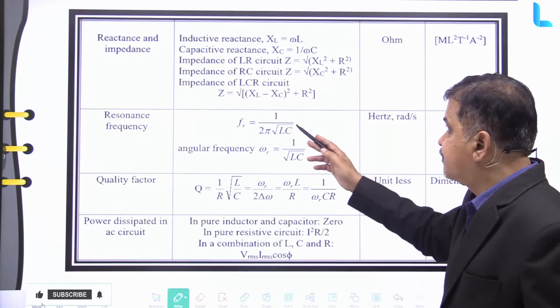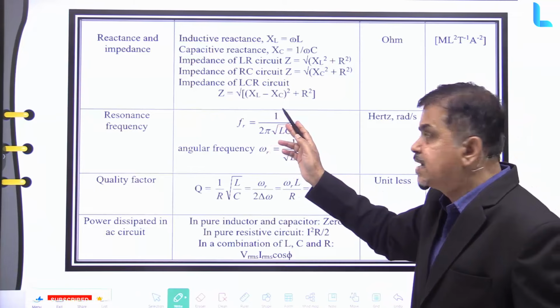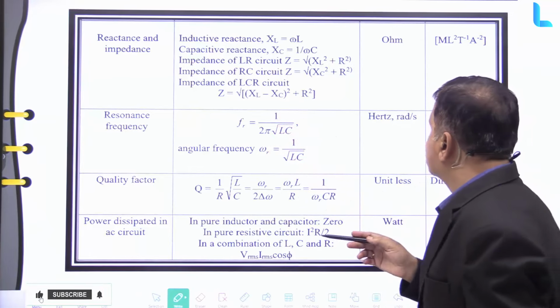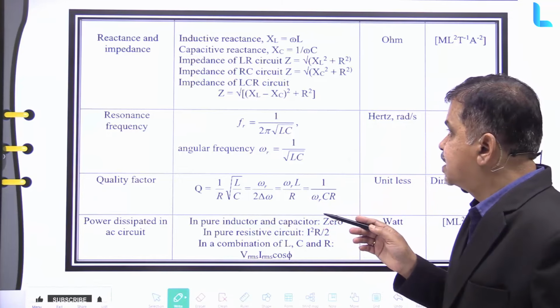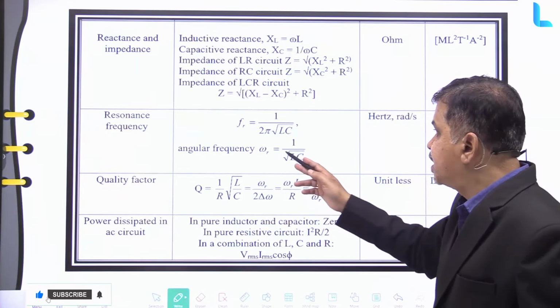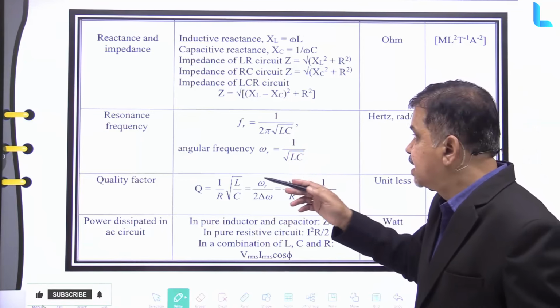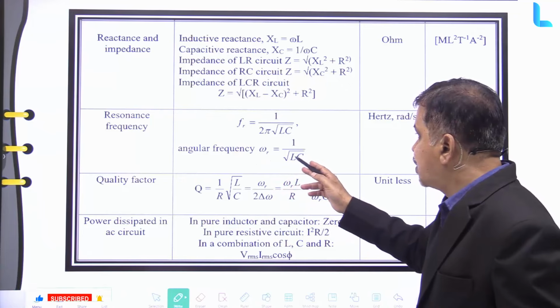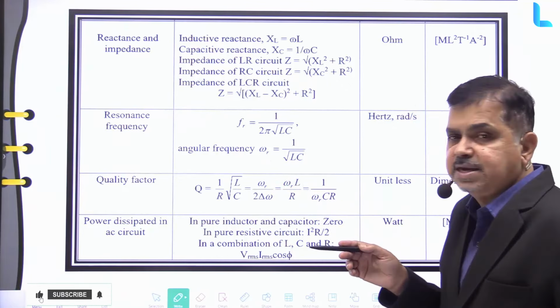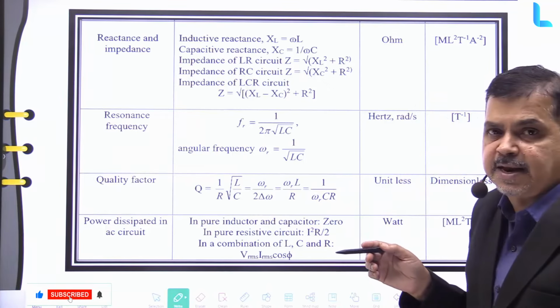The impedance of an LCR circuit is given by square root of XL minus XC whole square plus R square, and the unit is ohms. The resonance frequency is given by Fr equal to 1 divided by 2 pi square root of LC, and the angular frequency omega R is given by 1 divided by square root of LC, and its units are hertz or radian per second.